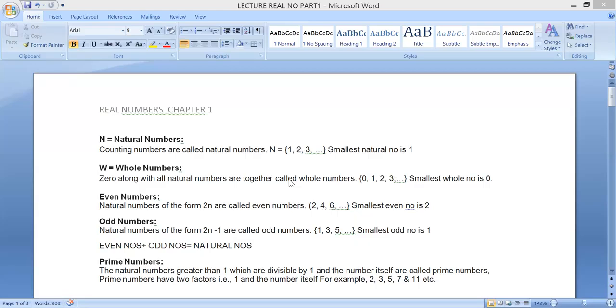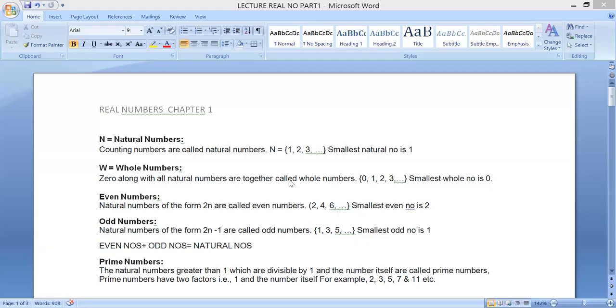As we have written N equal to for natural numbers, in the same way you have to write W equal to 0, 1, 2, 3 and so on. Again the question comes, what is the smallest whole number? Then you will say the smallest whole number is 0.